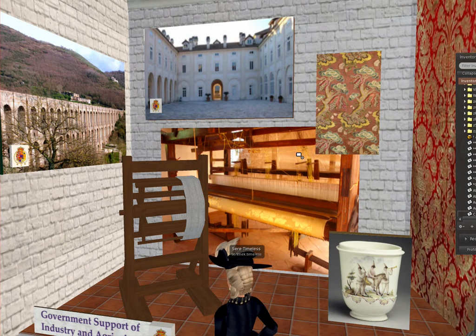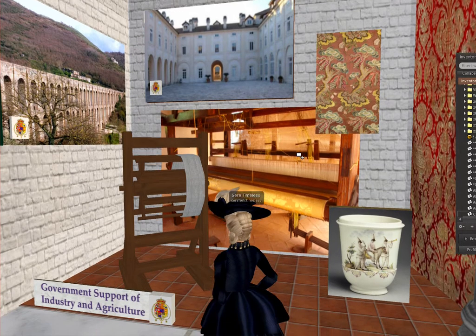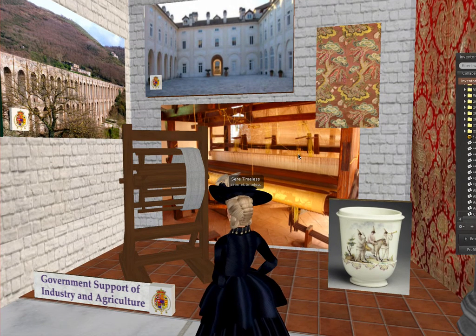This part of the exhibit shows you about how silk and brocade was made and how he set up a community of workers that had reasonably good working conditions, food and job security, a very great social advancement for the time.